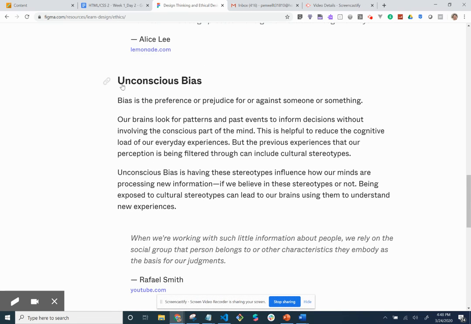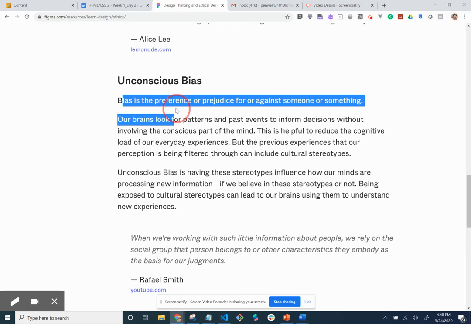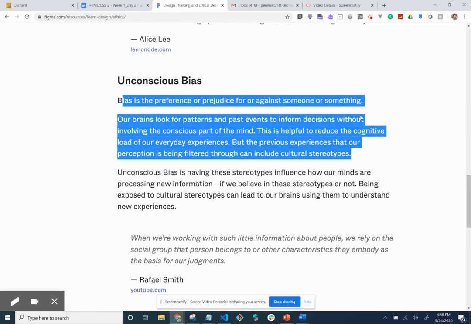Let's see, unconscious bias. Bias is the preference or prejudice for or against someone or something. Our brains look for patterns and past events to inform decisions without involving the conscious part of the mind. This is helpful to reduce our cognitive load in our everyday experiences.